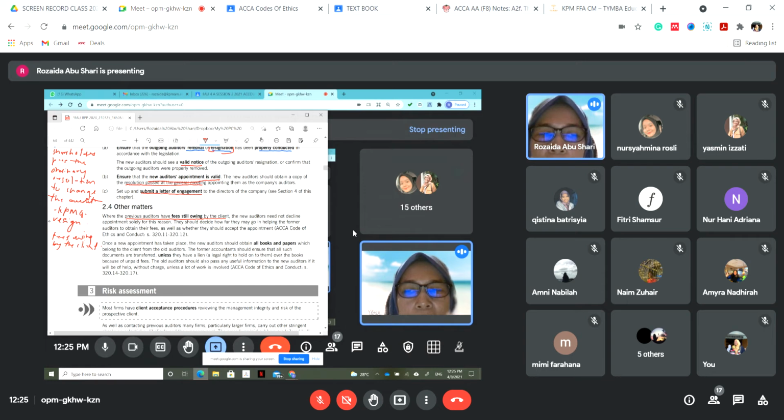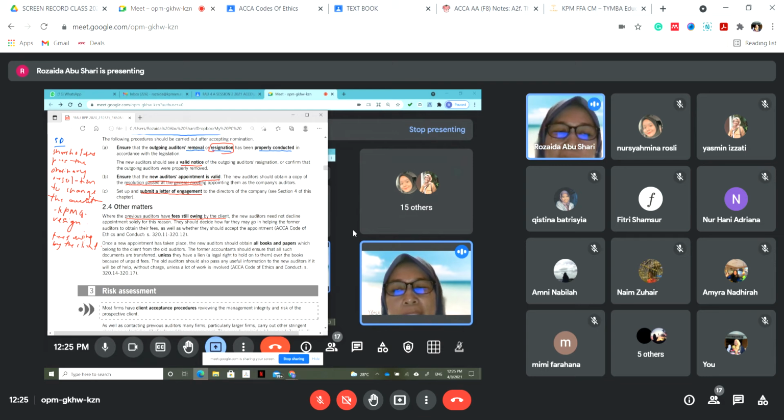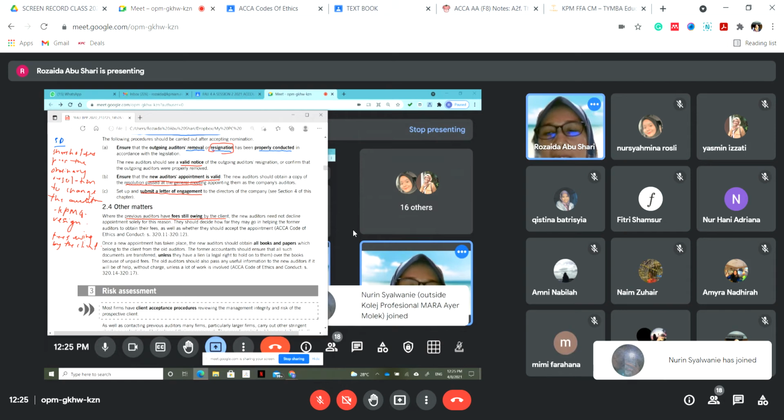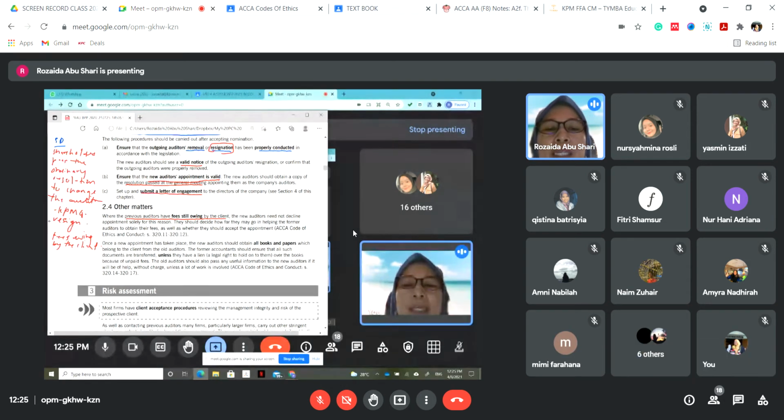If you see that the client is not able to pay the audit fees and then decide to reject the appointment, you are allowed to, but it's not encouraged by the SCCA Code of Ethics. They should decide how far they may go in helping the former auditor to obtain their fees, as well as whether they should accept the appointment.